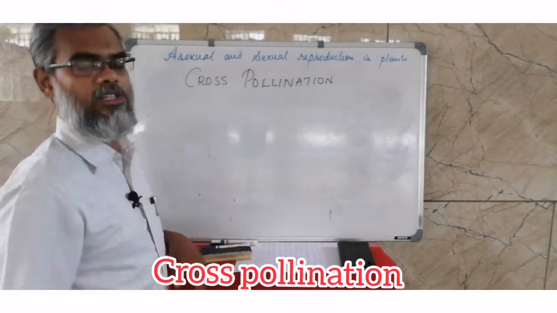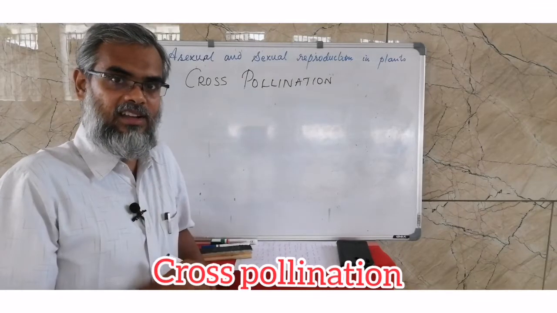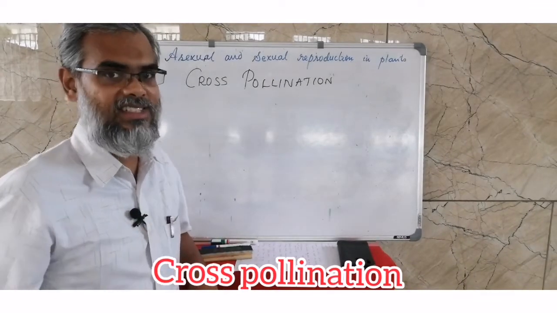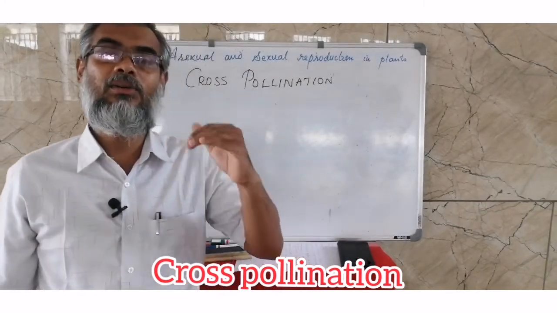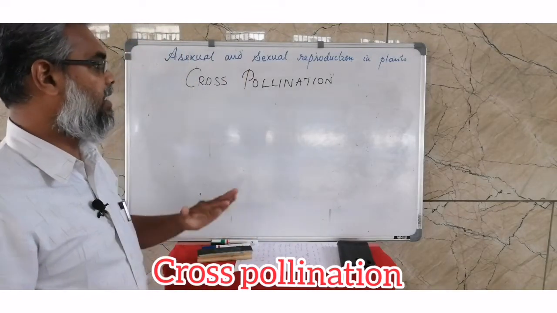Cross pollination, that is, the stamens of one flower fuse with the stigma of another flower, isn't it? So the pollen grains from the anther of one flower will fall onto the stigma of another flower. It is called cross pollination.